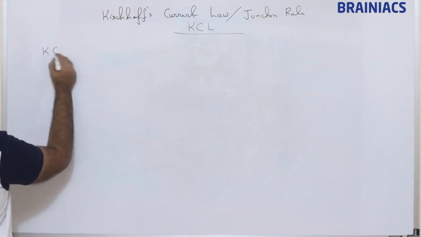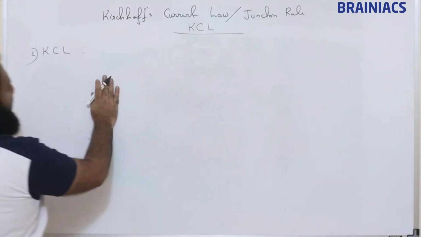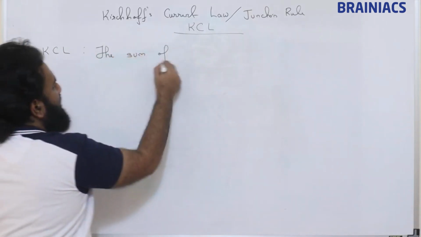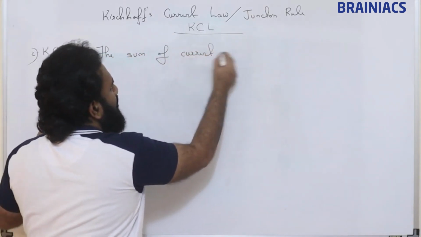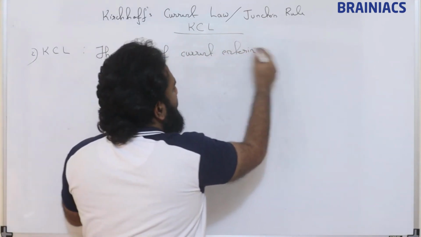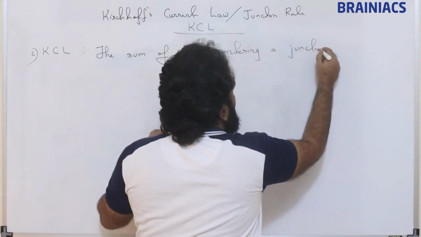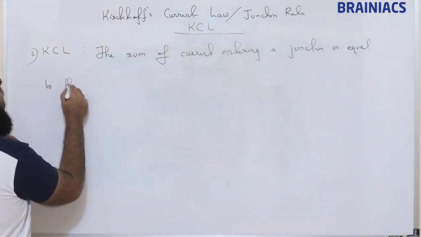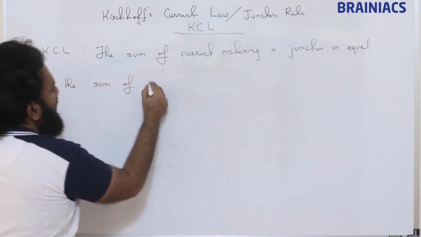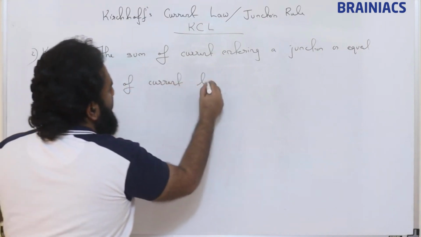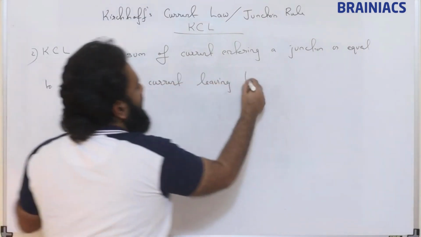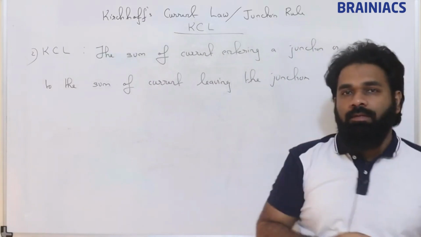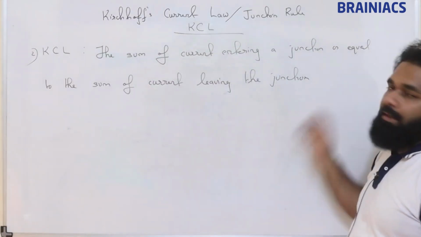Okay, so KCL, if we write the definition: the sum of currents entering a junction is equal to the sum of current leaving the junction. Clear? The sum of current entering a junction is equal to the sum of the current leaving the junction.